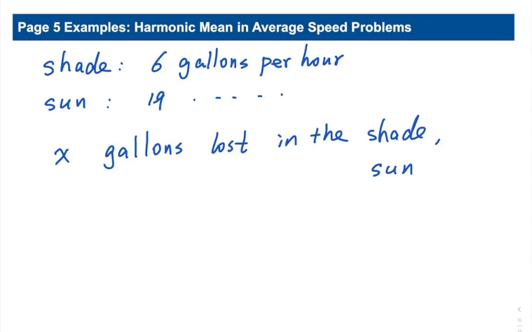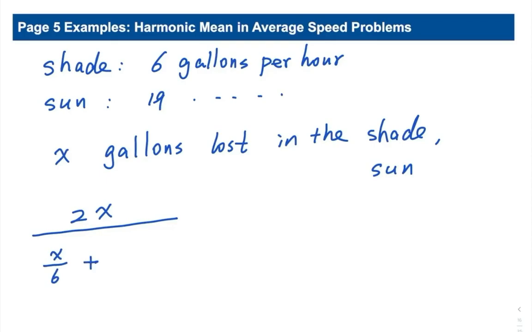To calculate the average rate of evaporation, what do we need? We need the total amount lost divided by the total hours, right? So X gallons was lost in the shade, and the rate is 6 gallons per hour. So the time is X divided by 6.